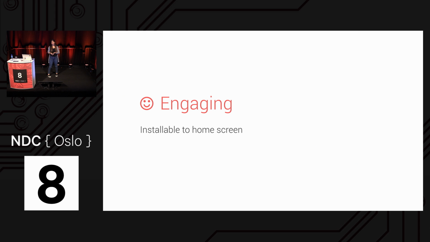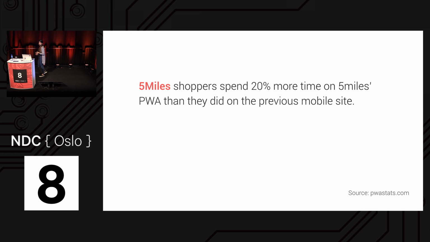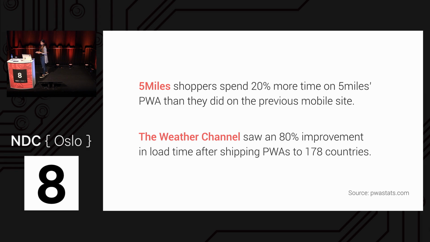And there are lots of companies and big brands that are using progressive web apps. 5 Miles shoppers spend 20% more time browsing through products than they did on their previous site. The Weather Channel saw an 80% improvement in the load time after shipping PWAs. And there are lots and lots of more companies that had great conversions and engagement with their PWA. You can find more stats on pwastats.com.